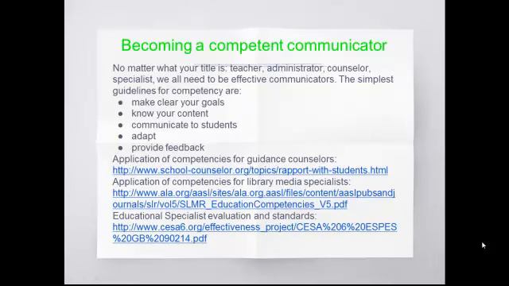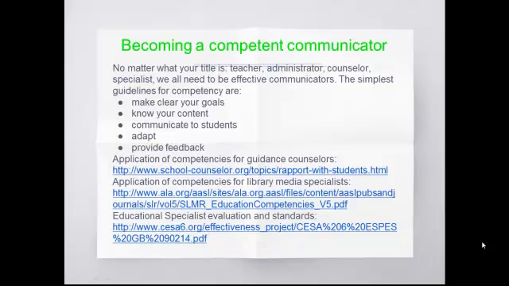This next section will be on becoming a competent communicator. What is communication competence? Well, to be effective communicators, we must be flexible and possess a variety of communication acts. And no matter what your title is, or your job, teacher, administrator, counselor, specialist, librarian, we all need to be effective communicators.